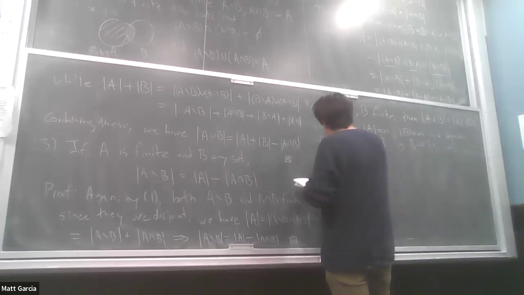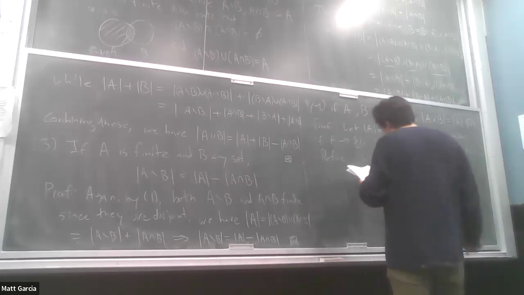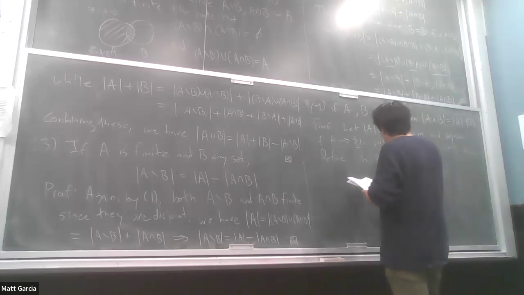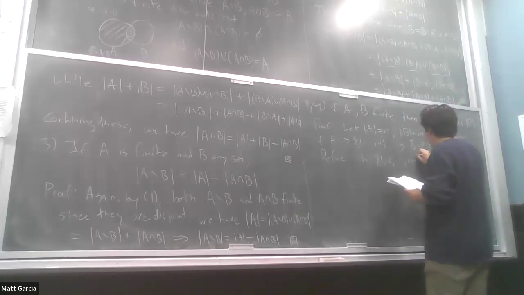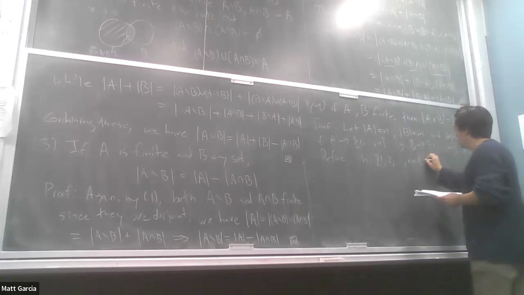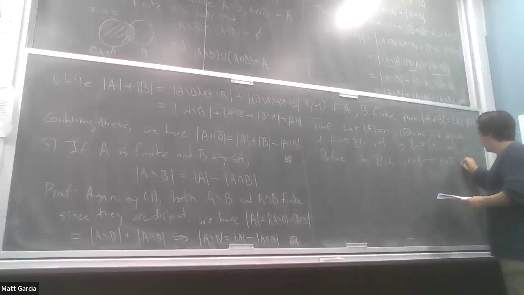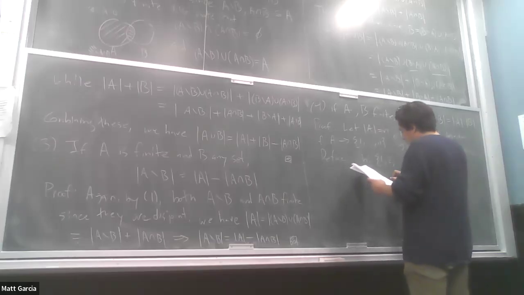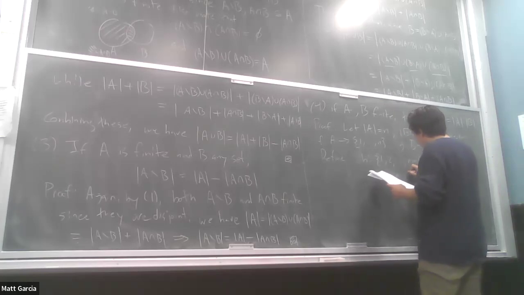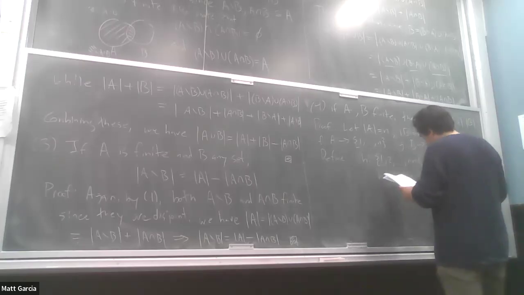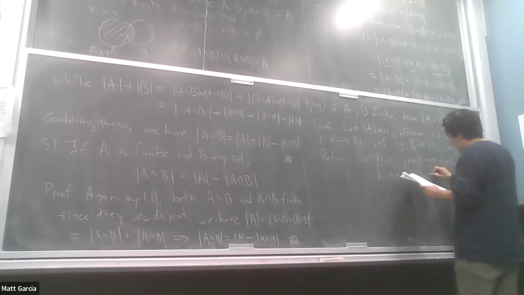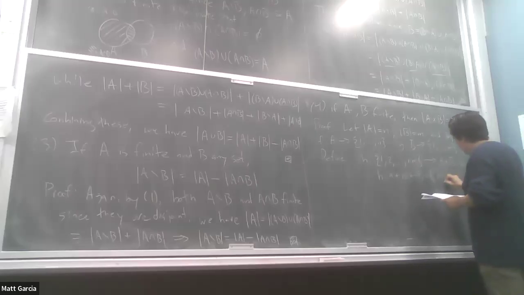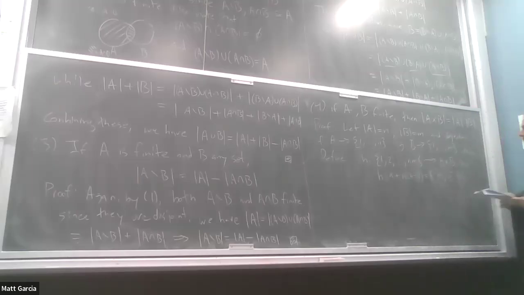Then we will define a function h going from the natural numbers 1 through the product n times m to A cross B by the formula h of a plus n times (b minus 1) is equal to f inverse of a, comma, g inverse of b.